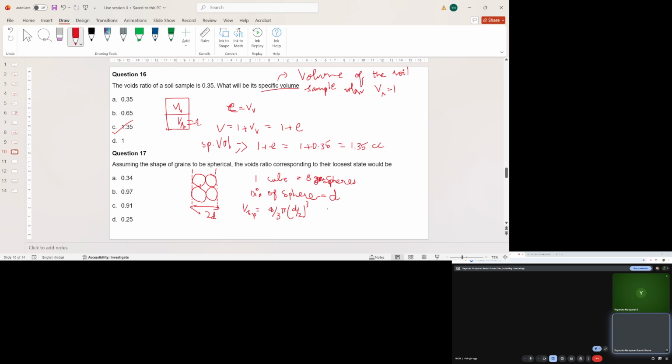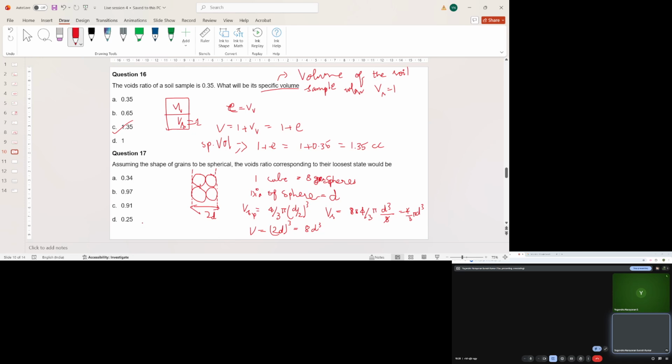The total volume occupied by the grains is 8 into 4 by 3 pi d cube by 8, which gives 4 by 3 pi d cube. And the total volume is 2d into 2d into 2d, which is 8d cube.